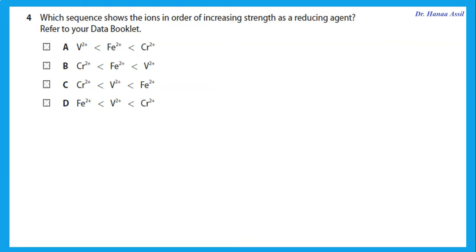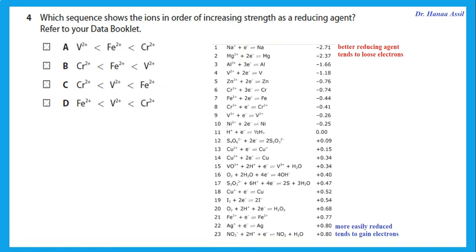Which sequence shows the ions in order of increasing strength as a reducing agent? Okay, if we look at the data booklet, the order in which they are arranged is so that the ones on top are the stronger reducing agents. The ones down are weaker reducing agents or more likely to be reduced.